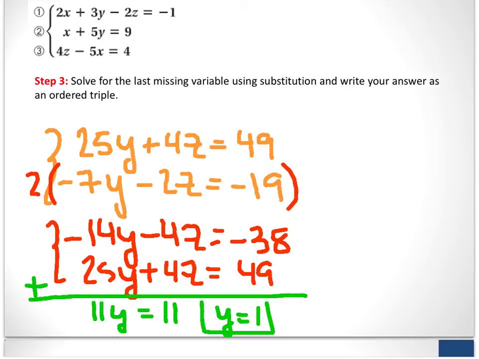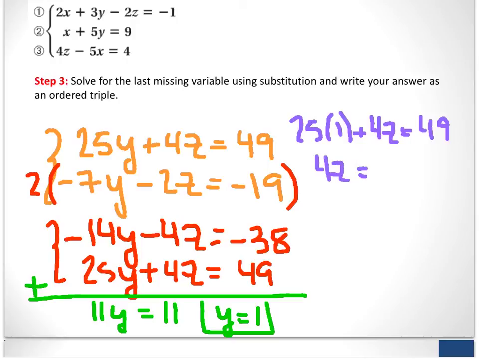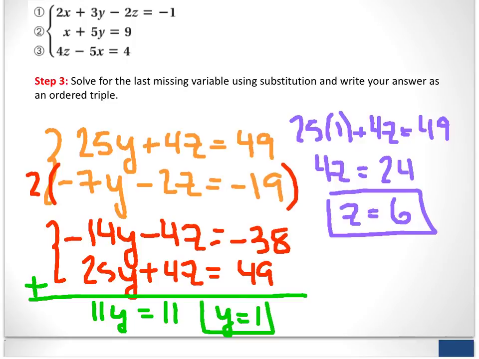Let's plug it into the first one. So 25 times 1 plus 4z equals 49. Bringing the 25 over, 4z equals 49 minus 25, which is 24. So z is going to be 6. Yay, now I know z equals 6.